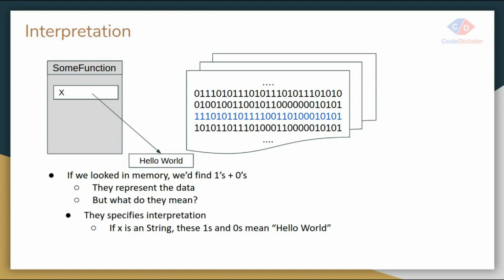If X was something like a string, then the bits will be the location in computer memory of the actual string object, which will have a sequence of characters. So we can also store char or boolean values in that X variable. So this is how interpretation works. This is how, at compile time, the data type is declared: the exact type of data that is going to be stored in that particular location.